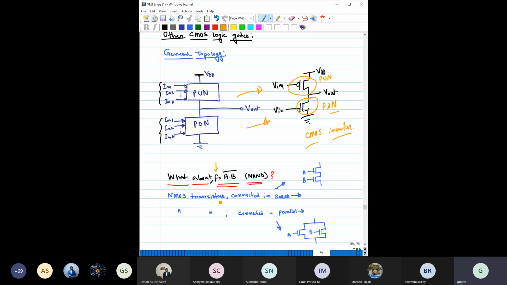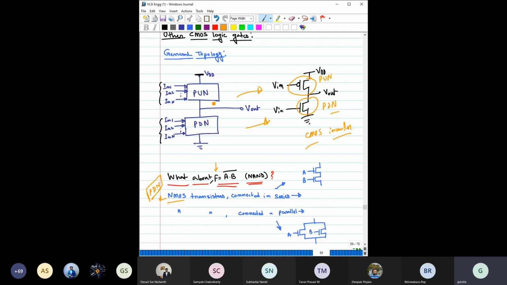So for NMOS, when they are connected in series, we have also discussed that you have to use NMOS as a pull down network only. PMOS cannot be used as a pull down network. If you use PMOS as a pull down network, the minimum output will be limited by the threshold voltage of the PMOS.